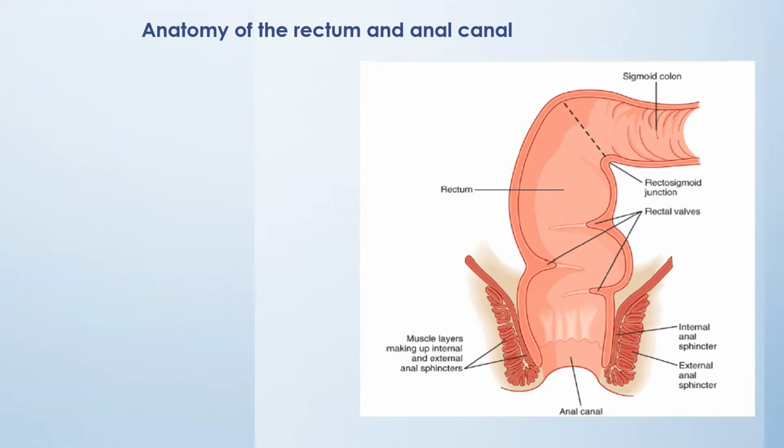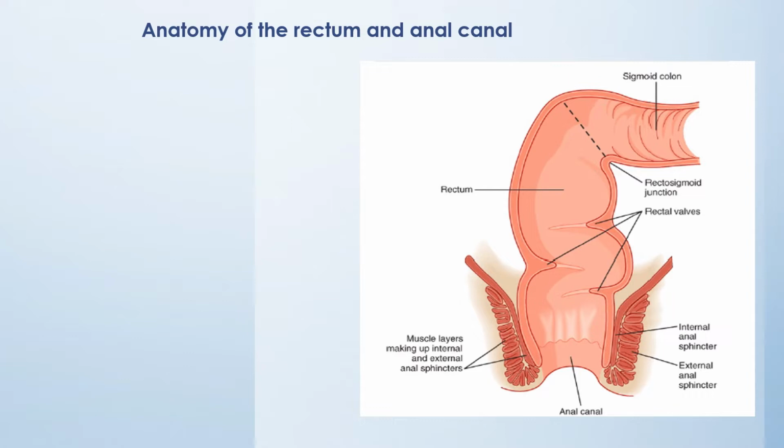So the combination of these muscles, because the rectum may also contain striated muscles and of course smooth muscles, will account for the two key sphincters that control the evacuation of solid waste and flatus from the body.